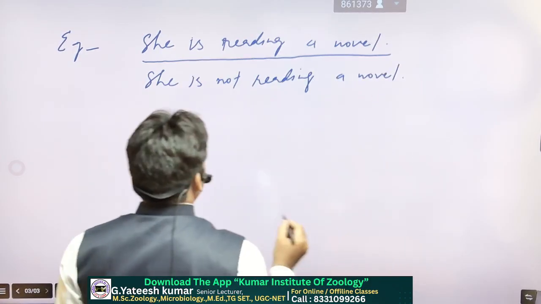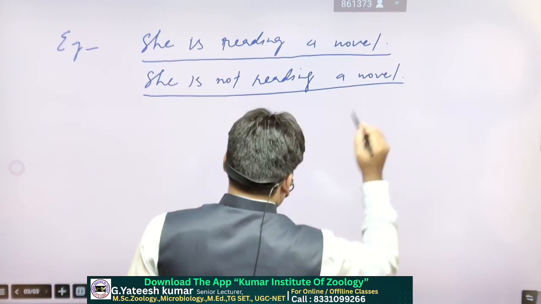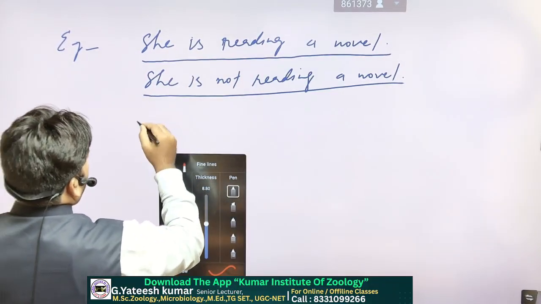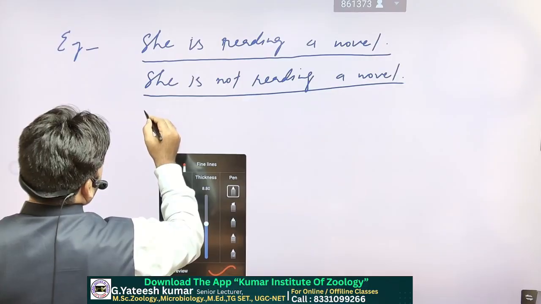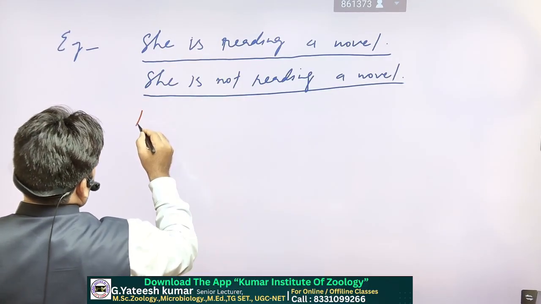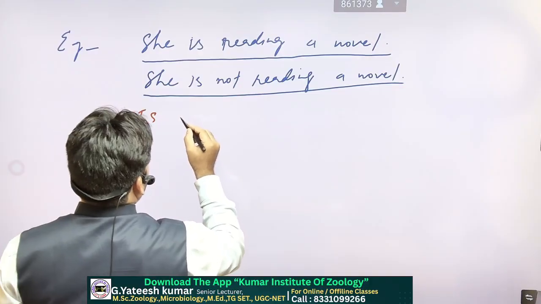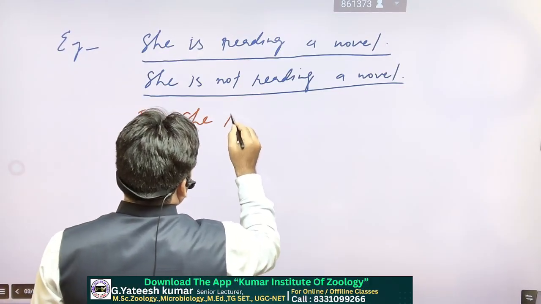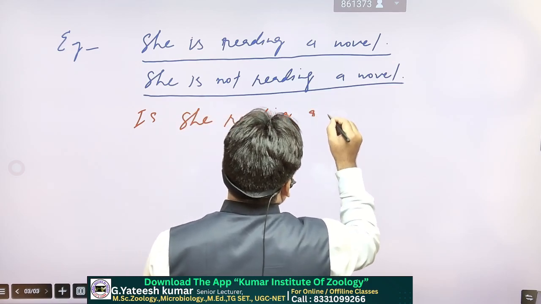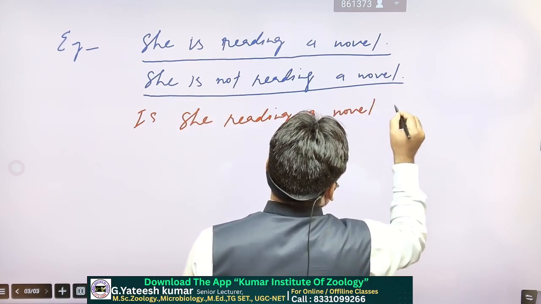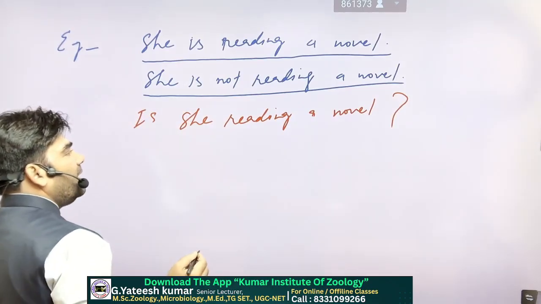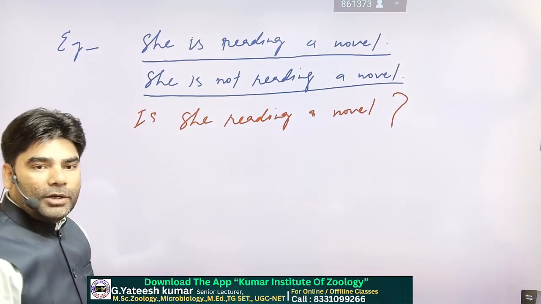So here we are passing information negatively. Next, yes no type questions. So what we'll do, we will use is first. Is she reading a novel? So here we are asking, is she reading a novel? Someone can easily respond to this question, yes or no.